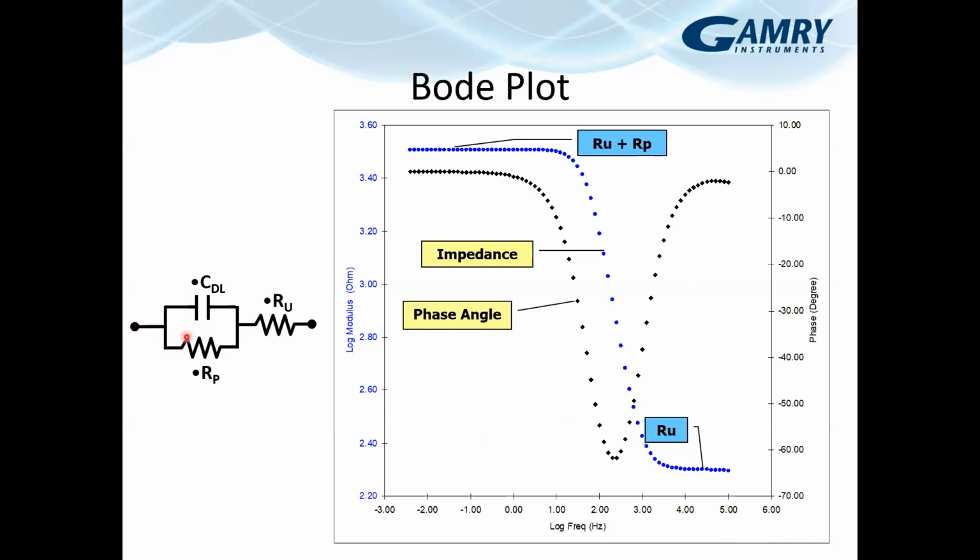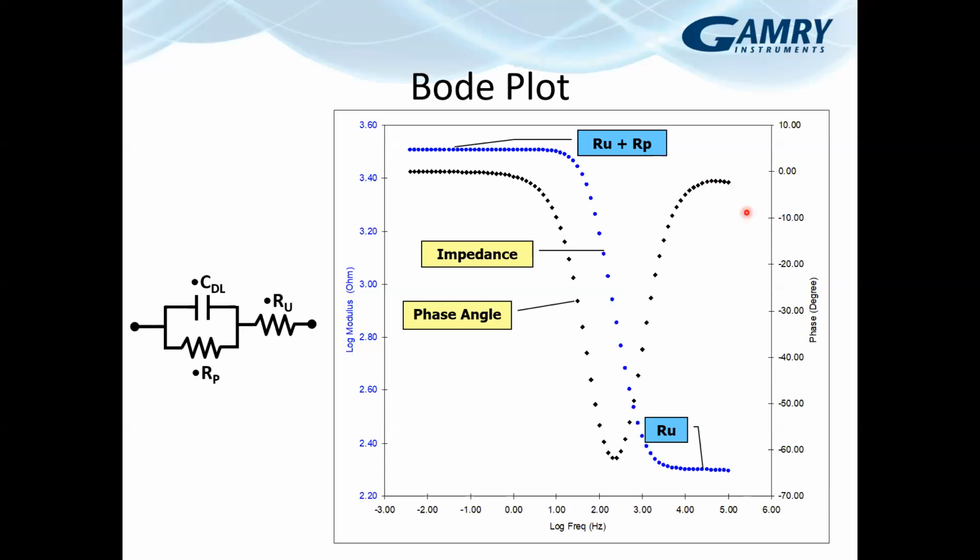So all of the current that flows through at high frequencies is going to go across the capacitor, which has no impedance, and across RU. And none of it is going to go across this RP down here, the polarization resistance. So at high frequencies, all we see is RU on the magnitude, and our phase shift is back up at 0.